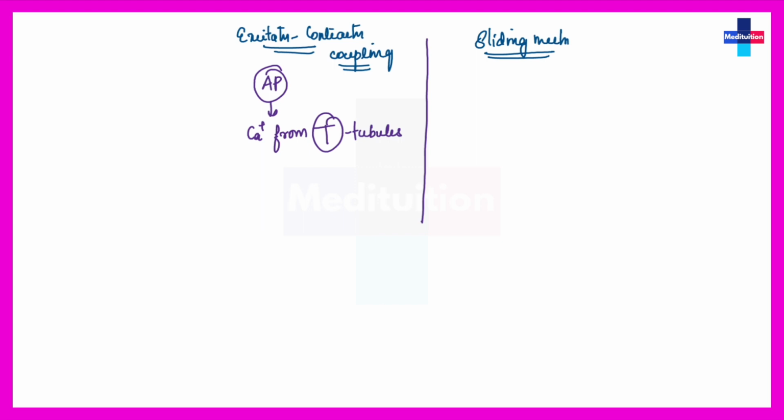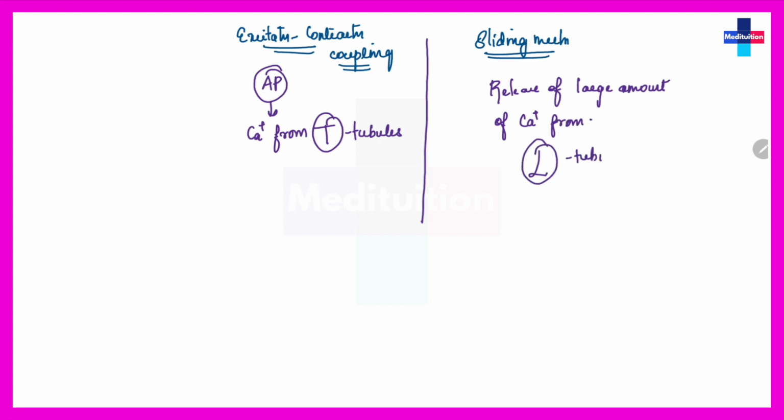Remember, this is one of the important differences, which makes the sliding mechanism different. In the sliding mechanism, whenever the mechanism of lateral shift of the tropomyosin and the myosin head acts, there is a change in position of troponin and the binding of calcium ions, with the release of a large amount of calcium, especially from the L tubules.